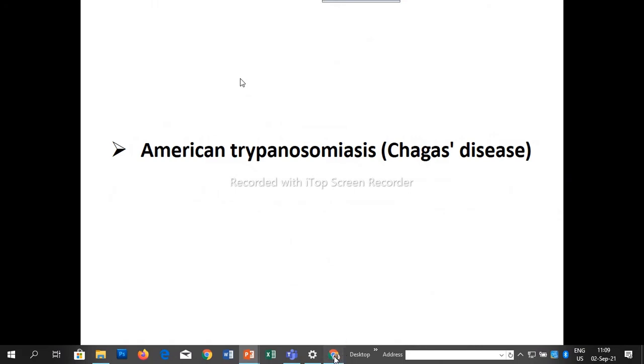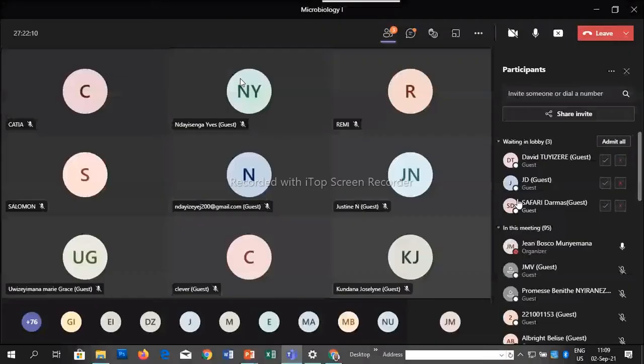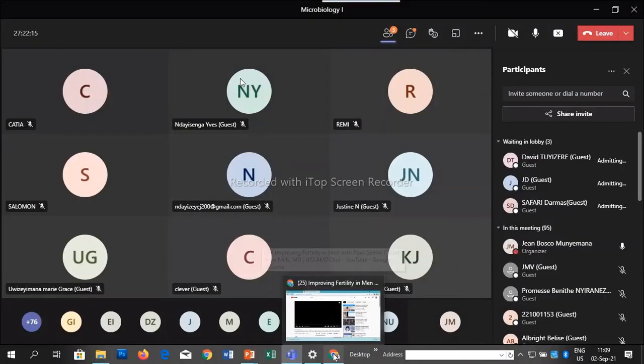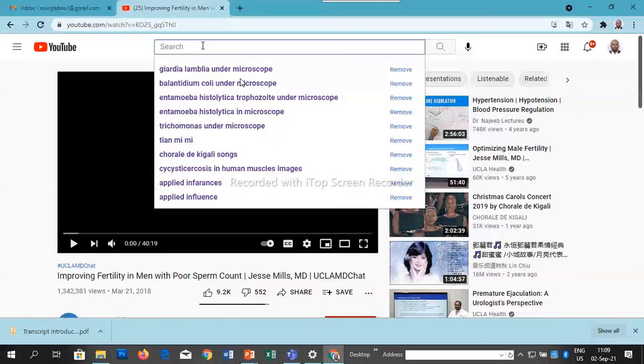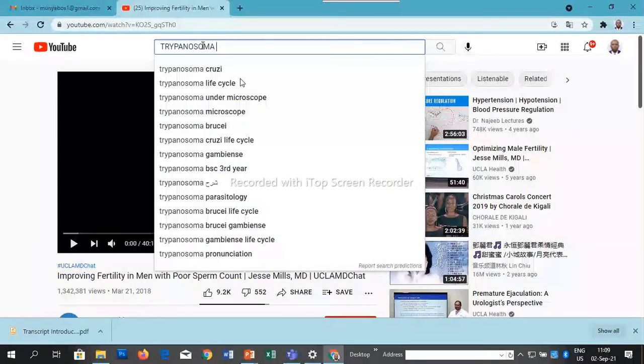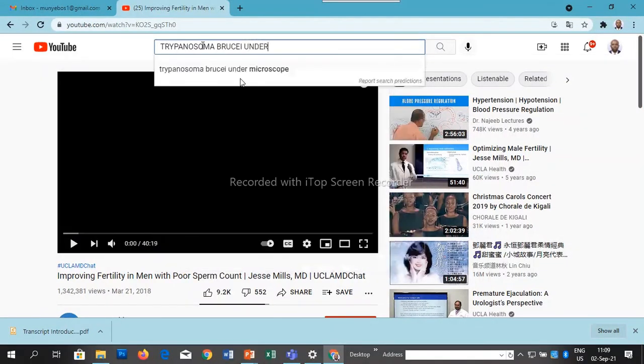Let me try to see if I can find the parasite here on the image. Let's see if we can see them.